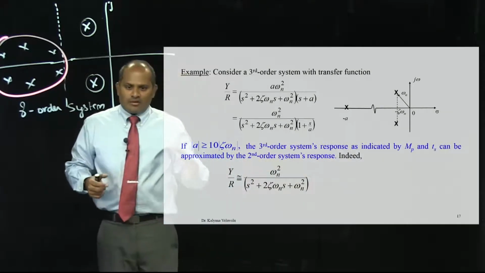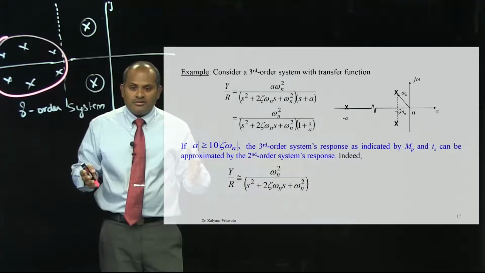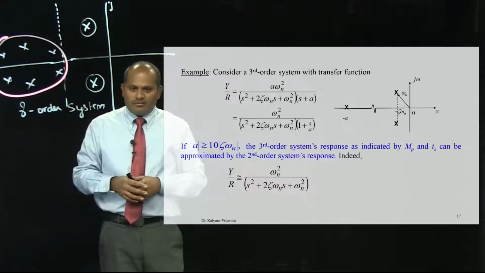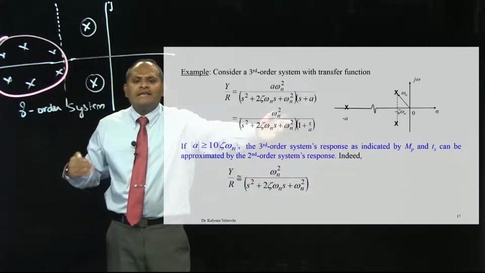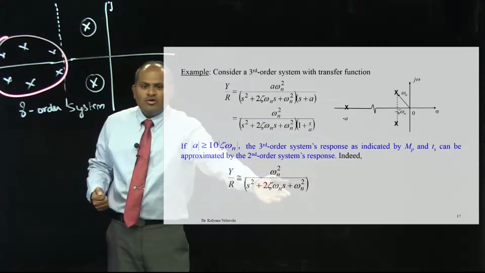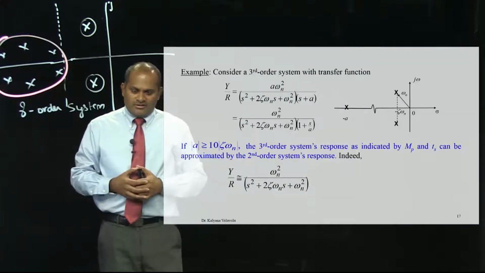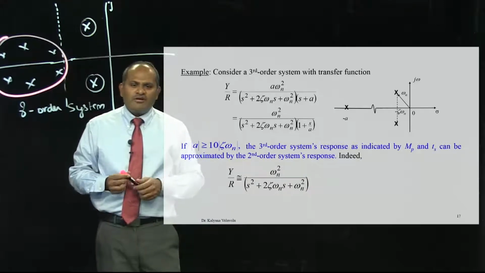Any mathematical model is an approximation. We have a real system, and we develop a mathematical model. I have model A and model B. This model approximates by 99.9%. This model approximates by 95%, so the error is 5%. Most of the time, a small percentage of error is okay.